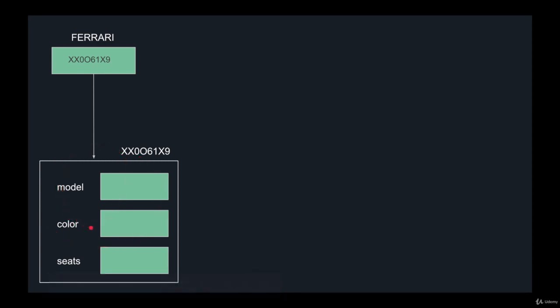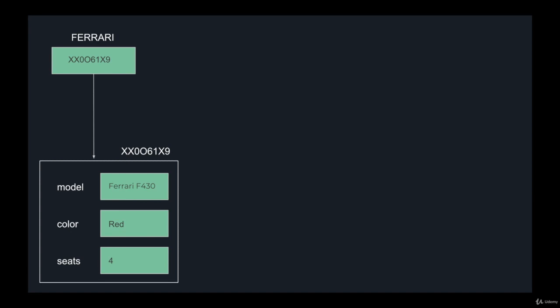So this object has a memory address, and this memory address goes and sits into the Ferrari reference variable. So what the Ferrari reference variable is doing is just pointing to this particular object, and that is the reason why this is known as a reference variable, because it refers to a memory location of the actual object. Whenever you assign any data, this data will be sitting in this particular memory block which the Ferrari reference variable is pointing to.